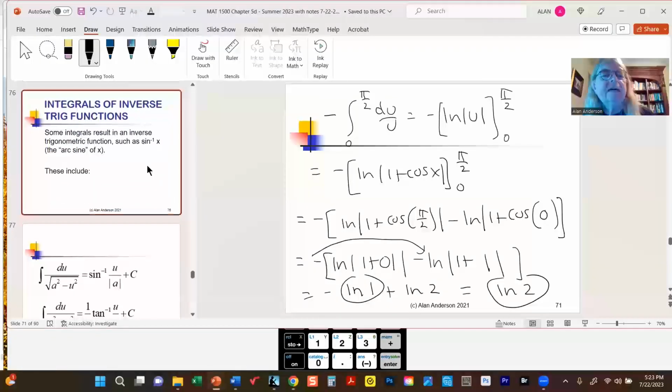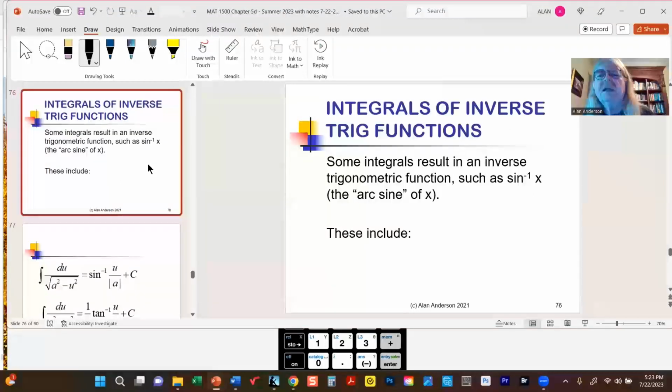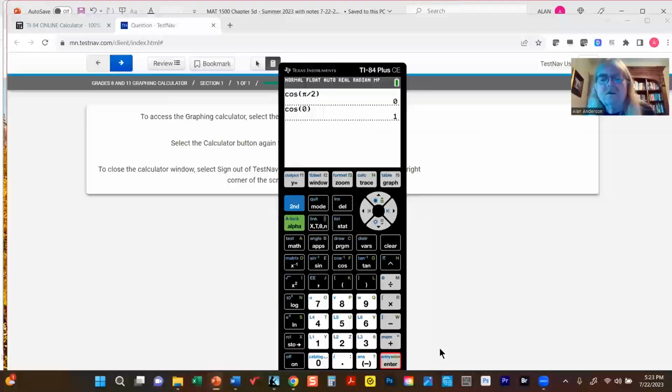Okay, now, oh boy. Integrals of the inverse trig functions. Like the arc sine, for example. So you might recall what that means. If, for example, the sine of, let's say, 90, and just double check this. Oh, I might as well do it while I have this wonderful tool in front of me.